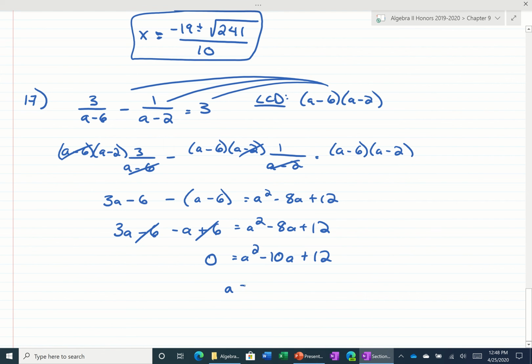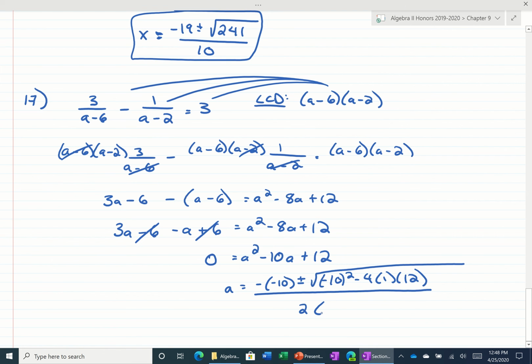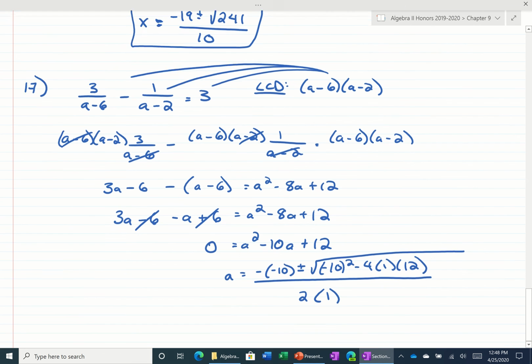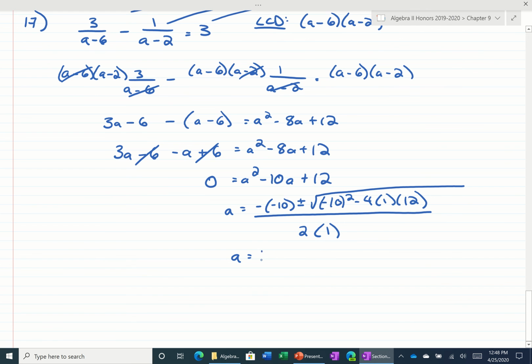The way we should finish this is using quadratic formula, the opposite of b, plus or minus the square root of b squared minus 4ac, all over 2a, would give us 10 plus or minus the square root of 100 minus 48 is 52.